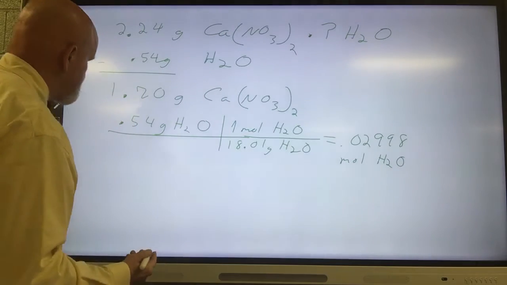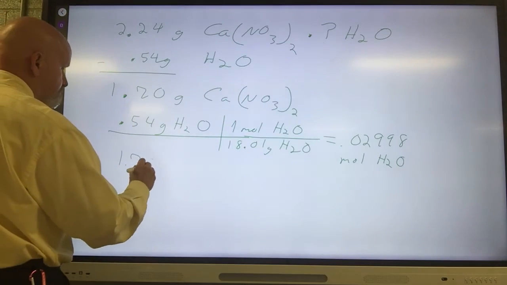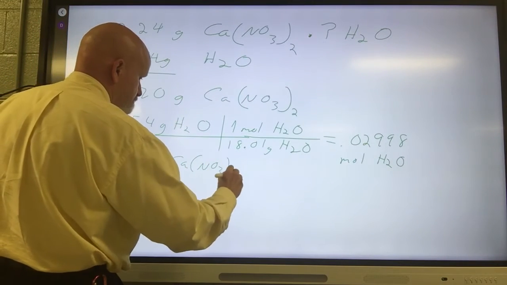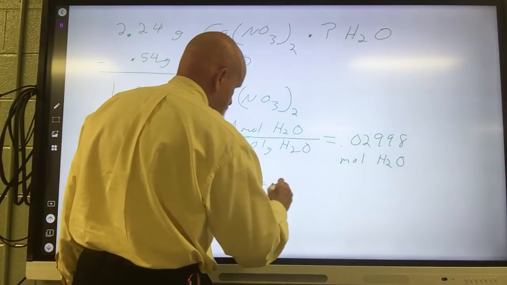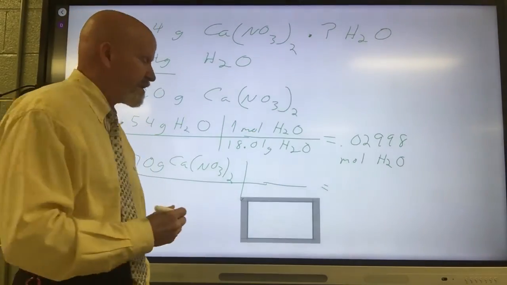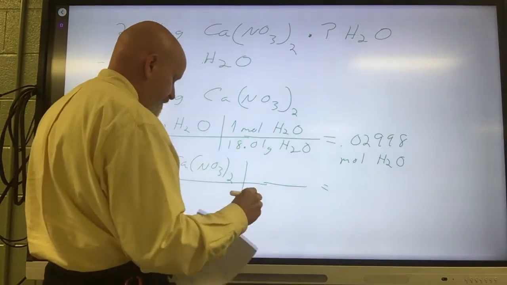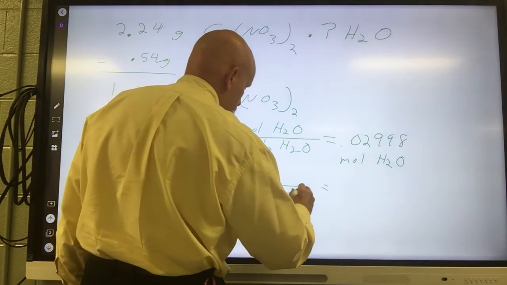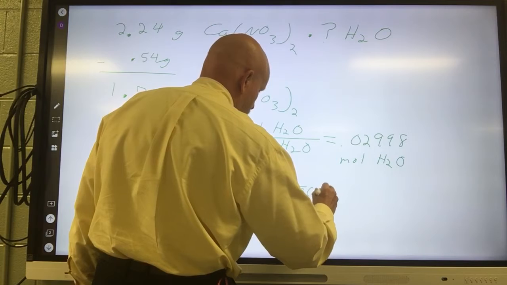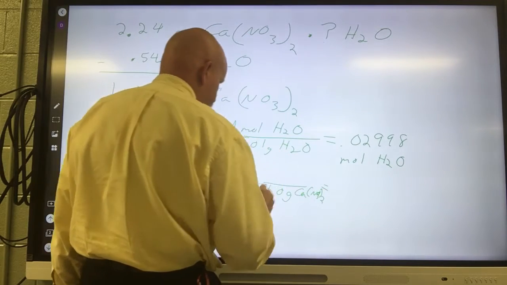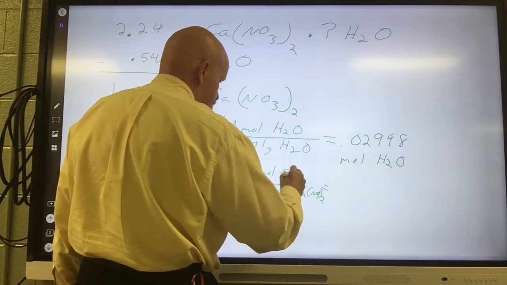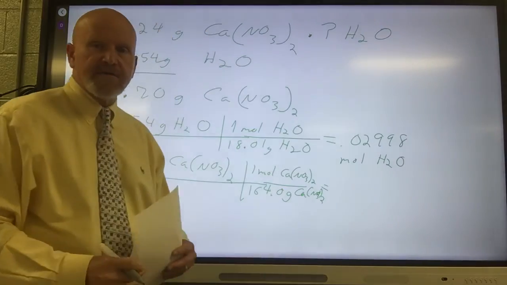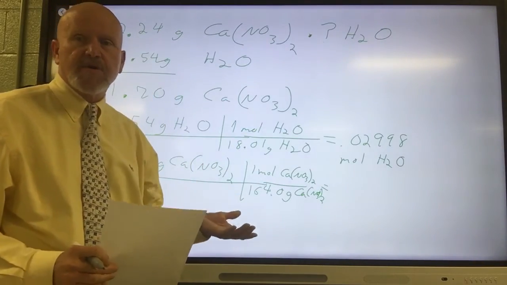Now, how many calcium nitrates do we have? Hopefully I figured out the molar mass of calcium nitrate properly. I got 164. Don't forget, you've got two nitrates attached to this. This is why it's really important in your calculations.